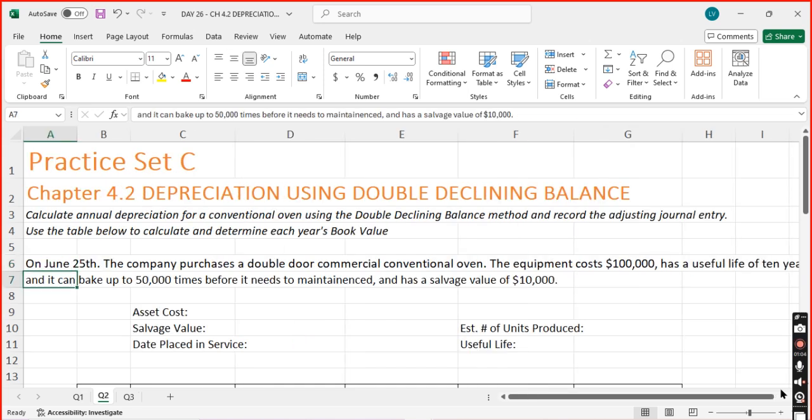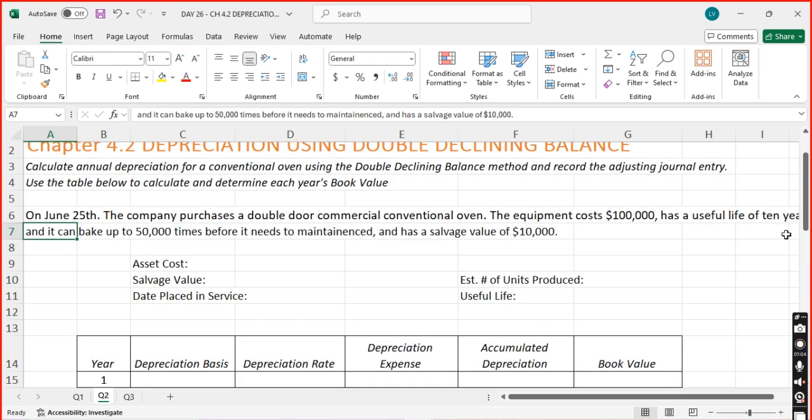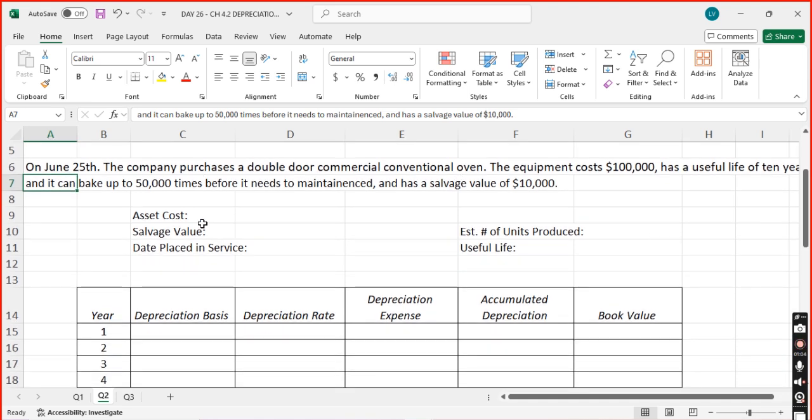And of course, it can bake up to 50,000 times before it needs to be maintenance. And of course, it has a salvage value of $10,000. So again, let's go ahead and determine the 5 components.